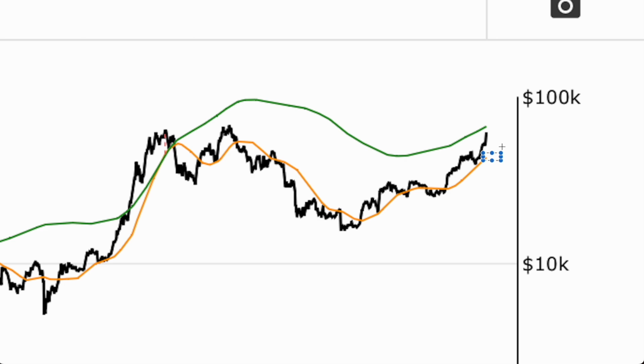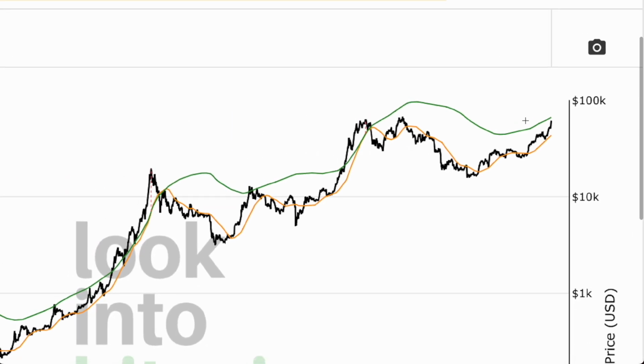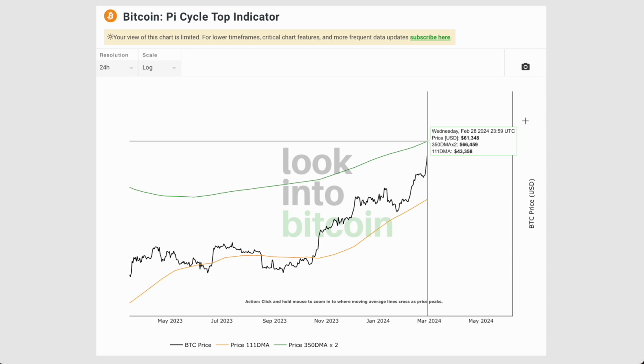And as a result, as we continue to maybe pre-halving retrace, at some point we'll get closer to this ascending moving average, which will act as a dynamic support. So that's quite interesting to bear in mind, because at the moment, this green moving average is at around 66k, and this orange moving average is at 43k. But who's to say this orange moving average is not going to continue climbing up, so maybe we get to 45k, maybe 46, 47k as we experience that pre-halving retrace.